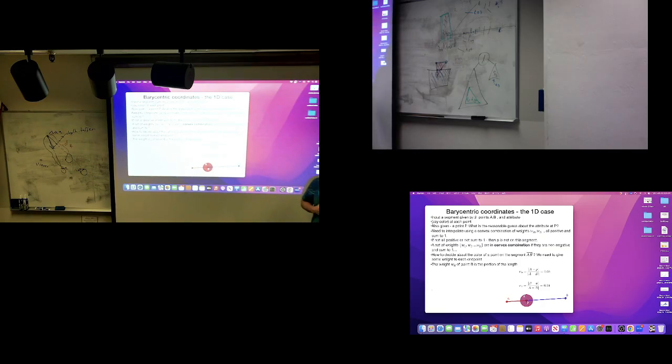So let's talk about barycentric coordinates. When my input is just a pair of points, A and B, what will be the barycentric coordinate of a point P somewhere along this segment? I want to give a weight W, it should be capital A here, sorry, the weight of a vertex A and the weight of a vertex B. Given the point P, I want to give each vertex a weight that somehow represents the proximity of P to each one of the vertices.